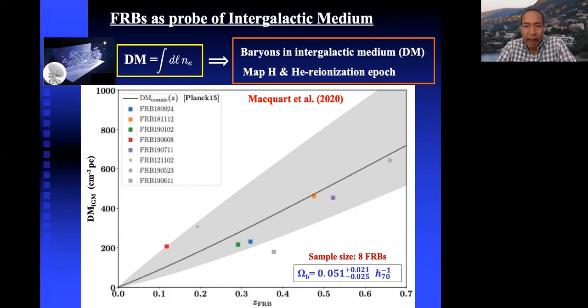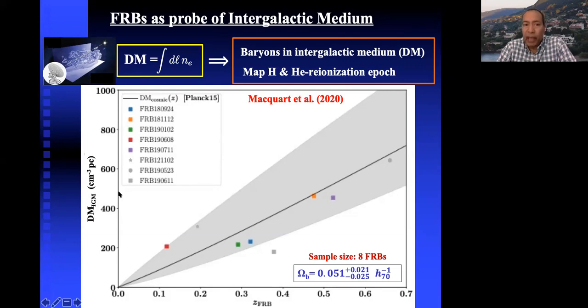So this graph shows the work that was published last year by Macquart and collaborators based on 8 FRBs and their redshift. They could determine, which is shown here. So x-axis is the redshift, y-axis is the DM, the dispersion measure contribution coming from the intergalactic medium.